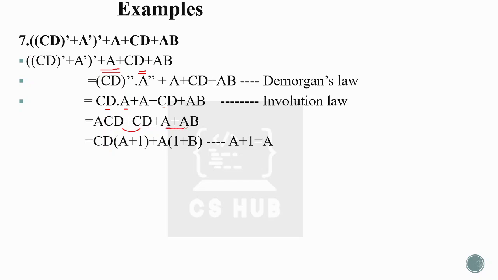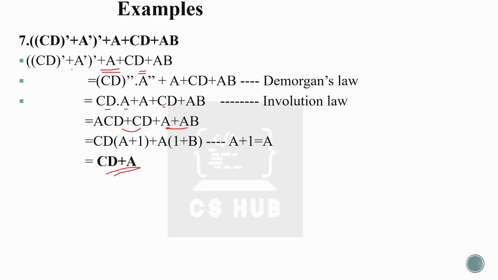With these two terms we can take A outside, A into 1 plus B. Using A plus 1 equal to 1, we get CD into 1 plus A into 1, and that is equal to CD plus A. This is the final expression.